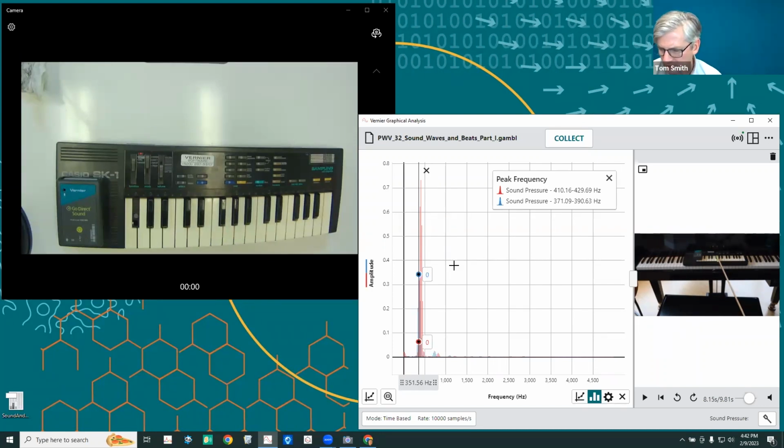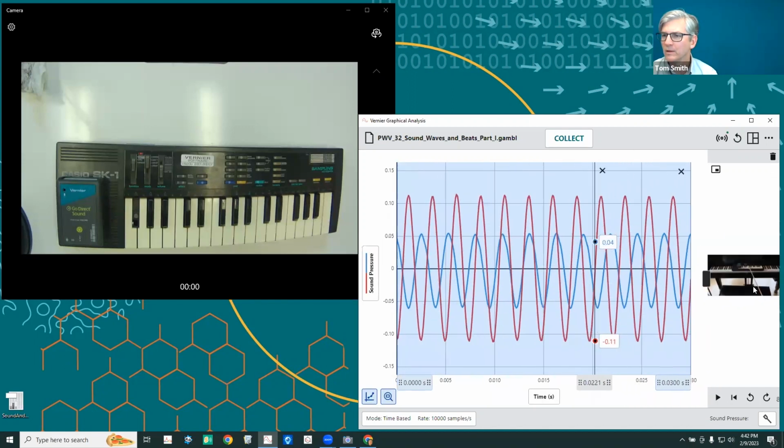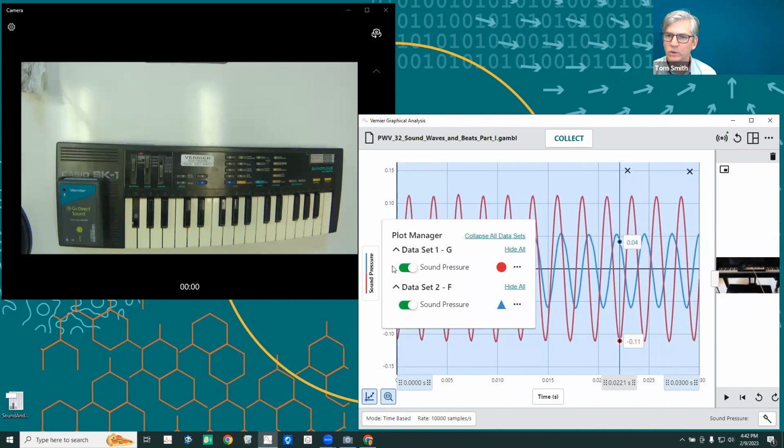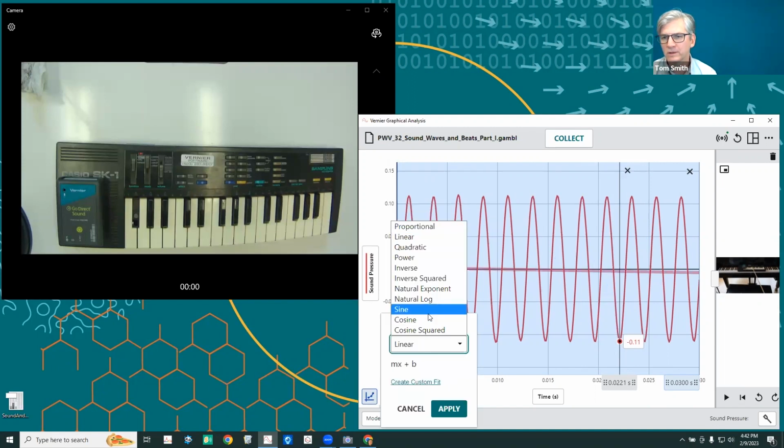Let's see if there was anything else. I guess the other thing, if you had time to play around with it, would be to go back and just choose one of these waveforms and look at the curve fit for a sine wave.